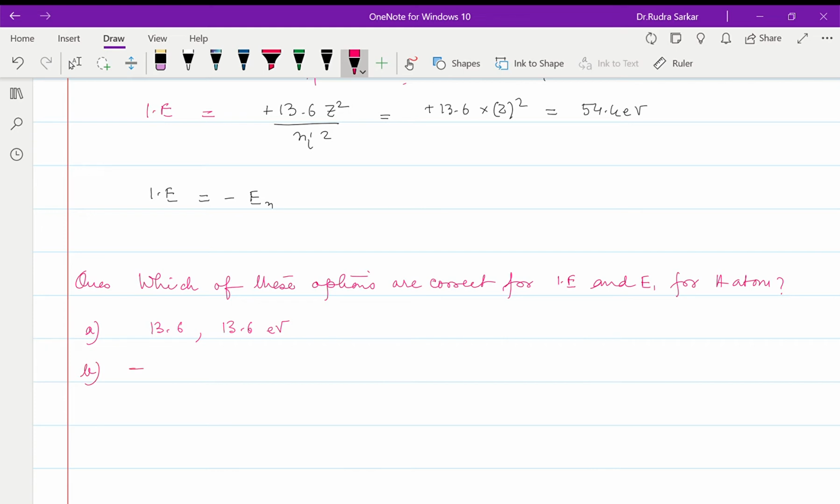Option B, minus 13.6, minus 13.6 eV. Option C was minus 13.6, 13.6 eV, and the D option they gave 13.6, minus 13.6 eV.